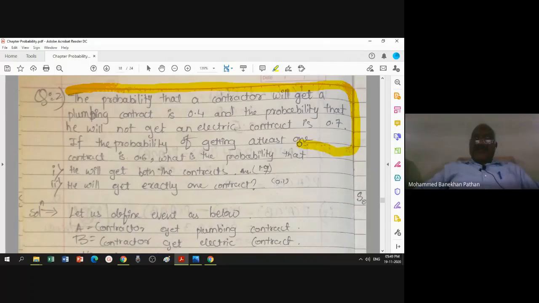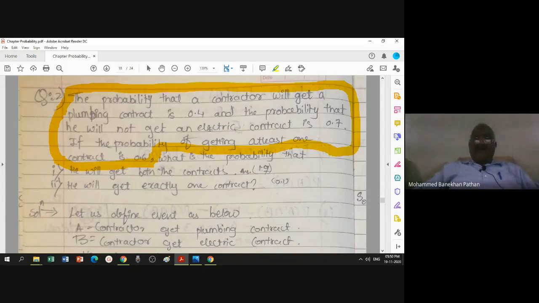But what I say is this is exactly the same as question 1. How can I do that? I will transfer this information into the notational form. If you read the question carefully, it has two pieces of information.